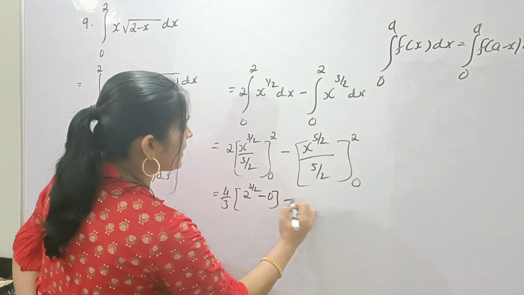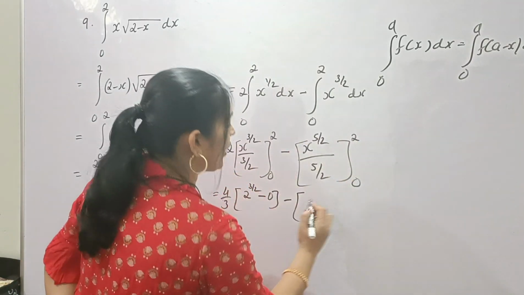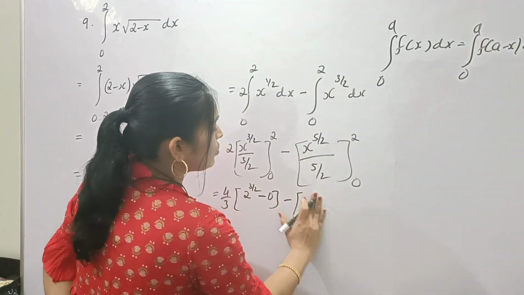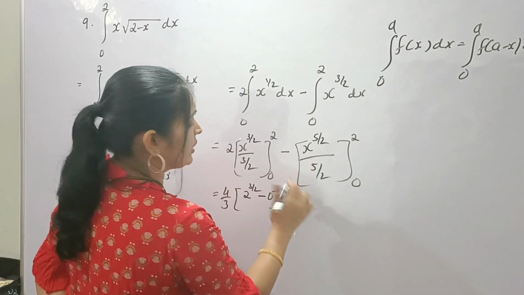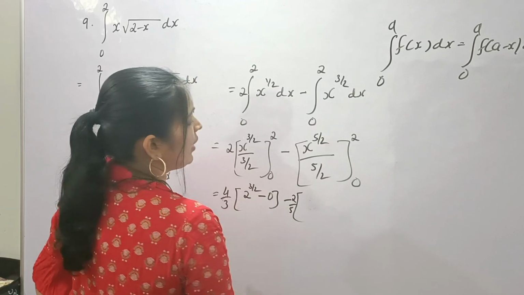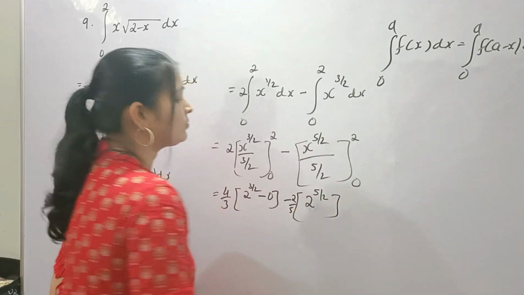Minus, here put upper limit 2, that is 2 raised to 5 by 2. Before that we will write the denominator 5 by 2, that is 2 by 5, right? 2 by 5 into 2 raised to 5 by 2.